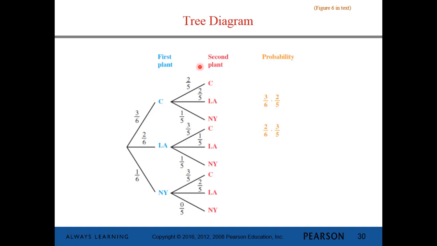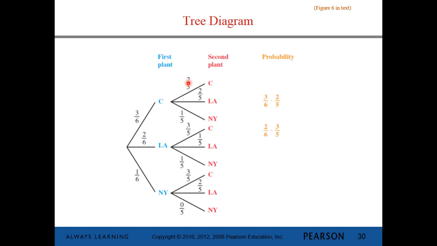Now again, the second plant for the second month is going to be based on the fact that a plant cannot be selected twice. Okay. So what we're going to do then is pick out the probabilities of these. So here's Chicago. Now notice on the second month, the probability is going to be changing.